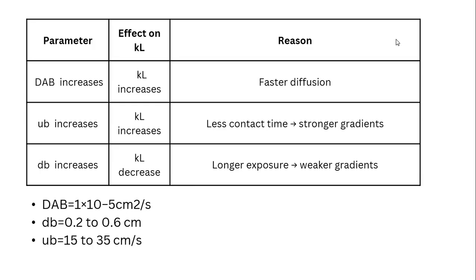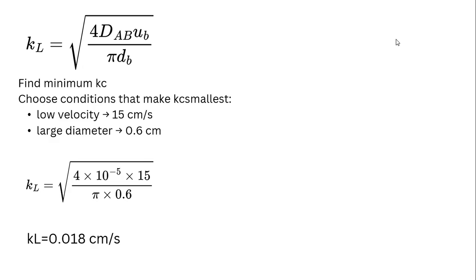DAB is given as 1 into 10 to the power minus 5 centimeter square per second, dB ranges from 0.2 to 0.6 centimeter, and UB is 15 to 35 centimeter per second. To find the minimum kL, we need to choose the condition that makes kL smallest.